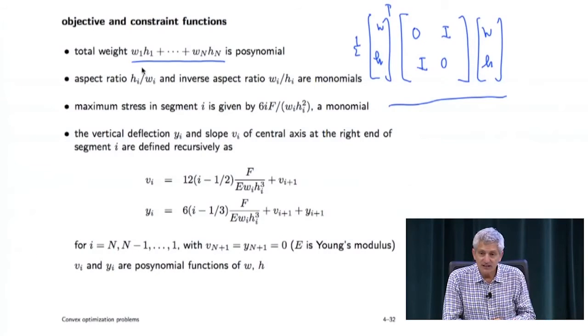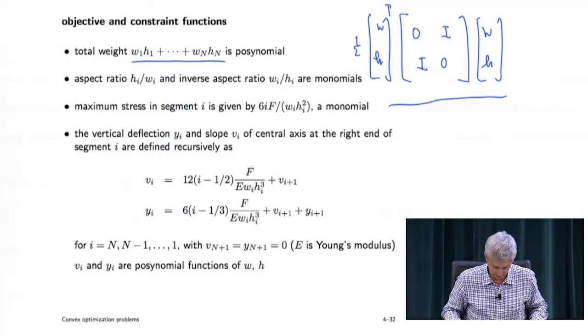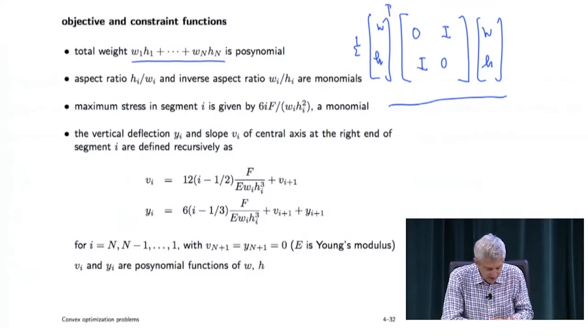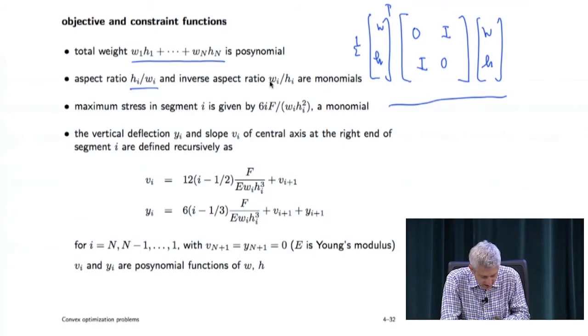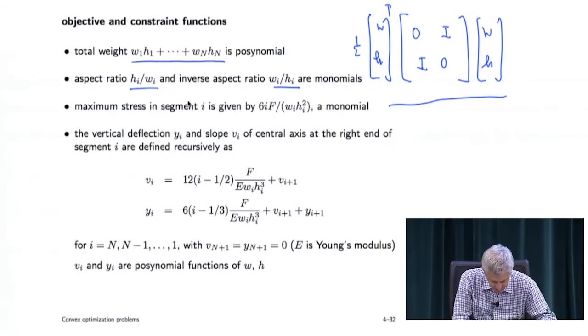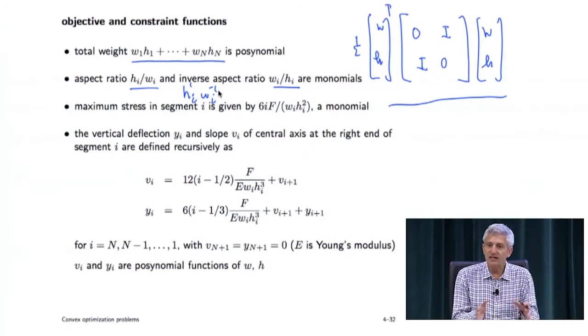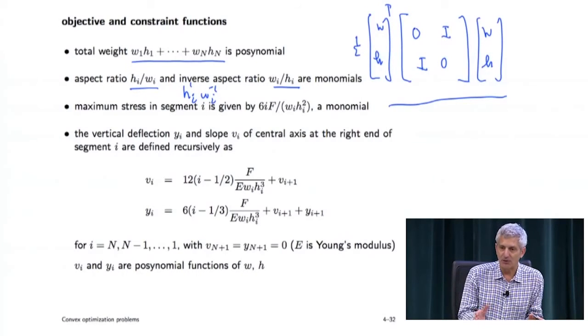Now, what is interesting is this is a convex function if you work with the variables log wi and log hi. If you work with the logs of the widths and the heights, this is a convex function. Now the aspect ratio and the inverse aspect ratio are monomials, because this is really hi to the 1, wi to the minus 1. If you like, you could put in all the other h's and w's, but to the 0th power.